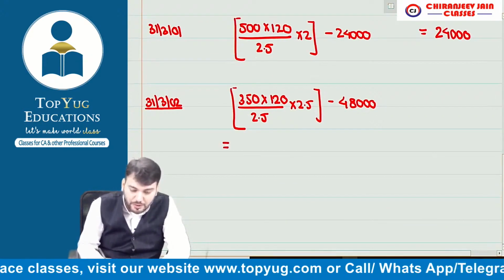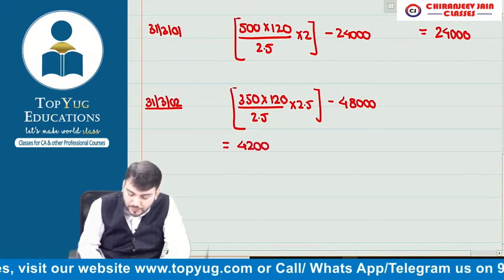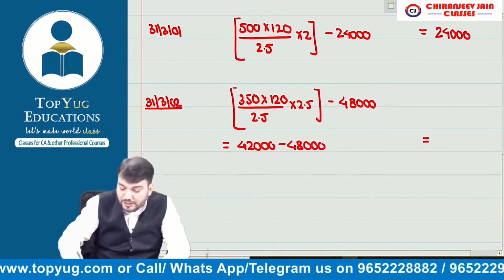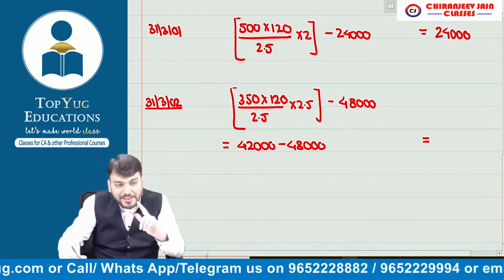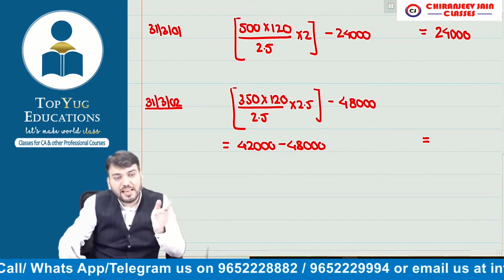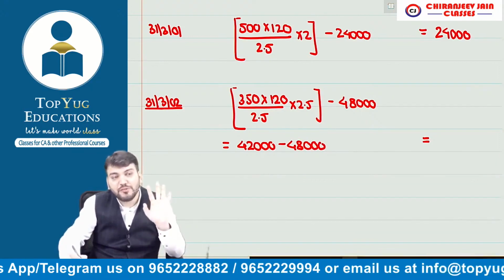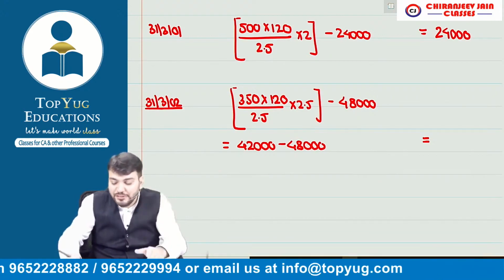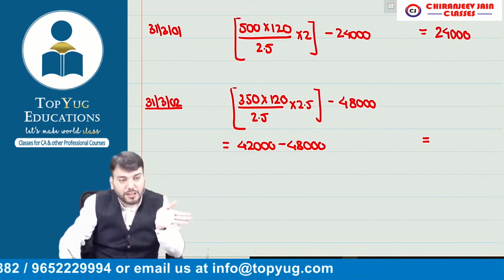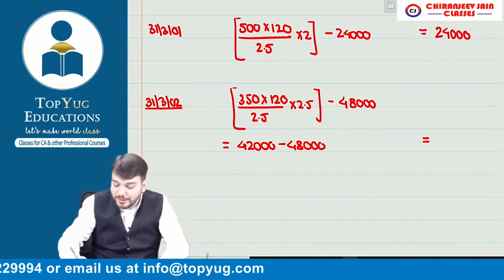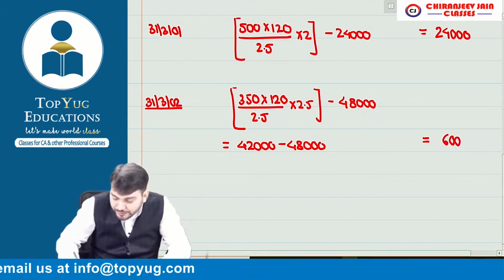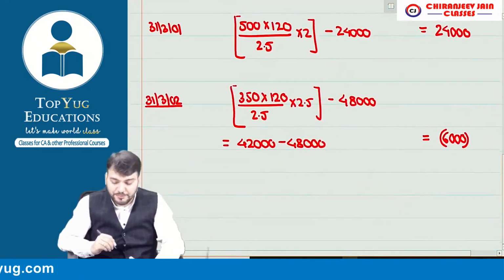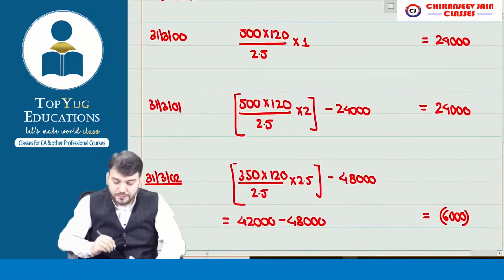So can I say this will be equal to 42,000 minus 48,000. It means this is the reassessment of expense. So it is as simple as you remember provision for doubtful debt from childhood. If you created more provision, you reverse through P&L only. It is reversal of excess expense which you have recognized in the first 2 years. Correct now. So 6,000 will be reversed. Understood this point? Correct. Any doubt? No doubt.